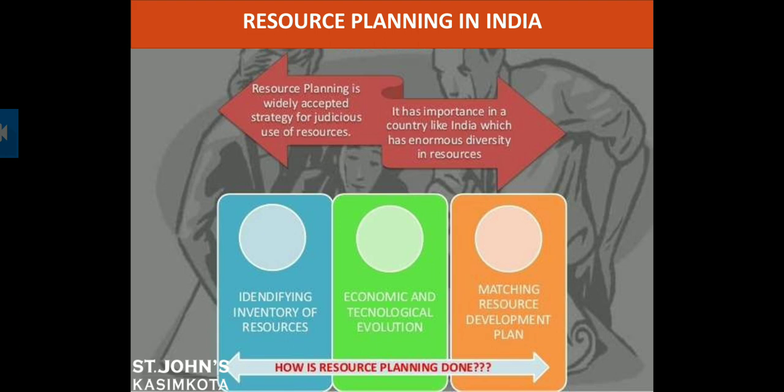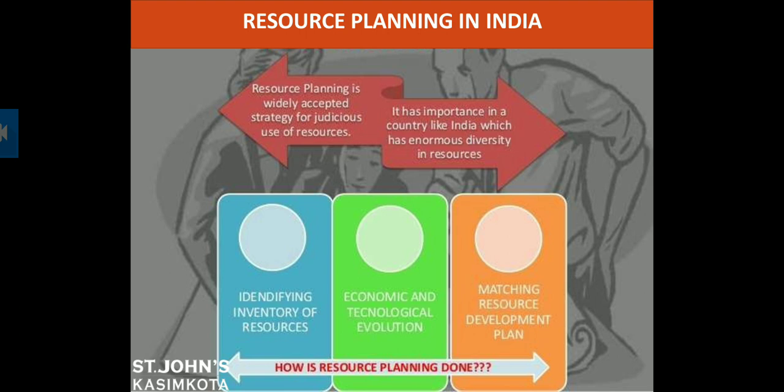So for example, the states of Jharkhand, Chhattisgarh, Madhya Pradesh are rich in minerals and coal deposits. Arunachal Pradesh has abundance of water resources but lacks in infrastructural development. The state of Rajasthan is very well endowed with solar and wind energy but lacks in water resources.